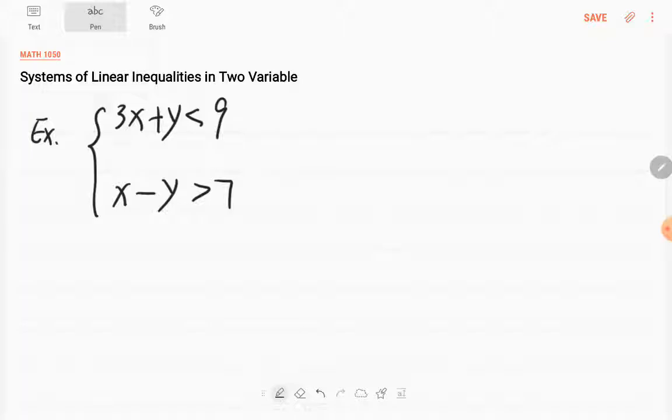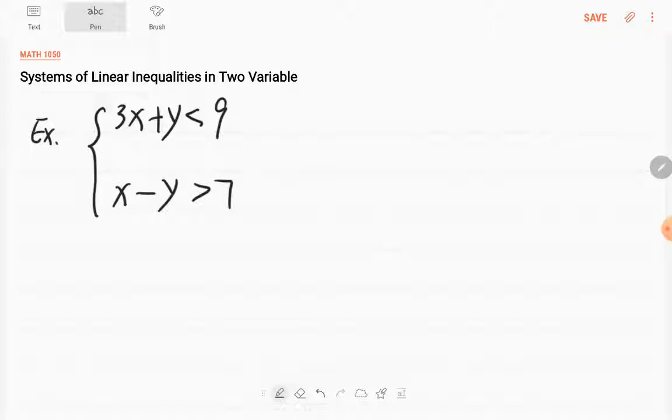So each one represents a half plane in the plane, and this one represents another half plane. So if we need to find x, y that satisfy these two inequalities at the same time, we need to find the overlap, the common region, right? But the strategy is still the same.